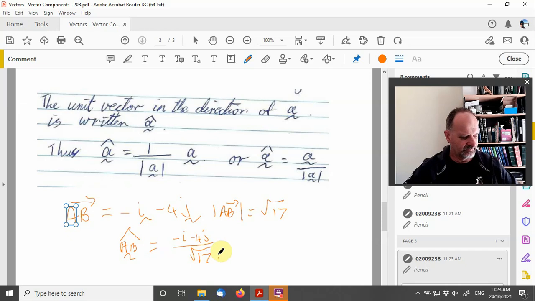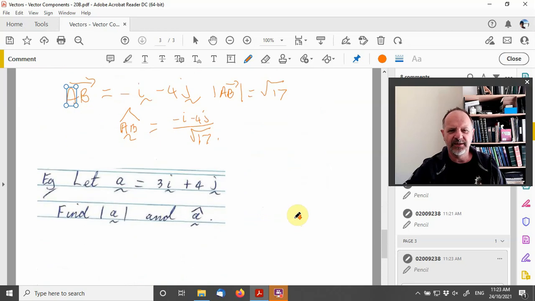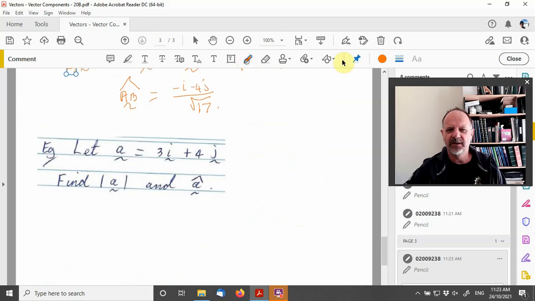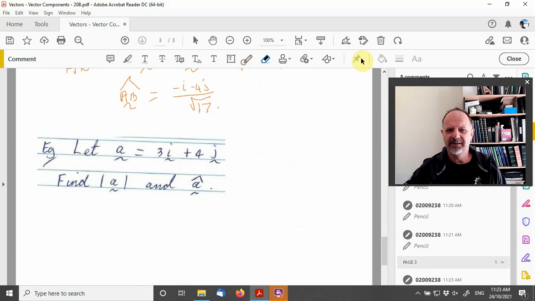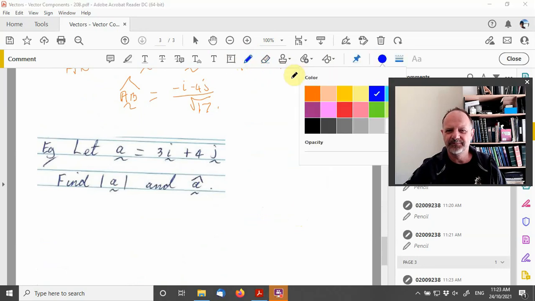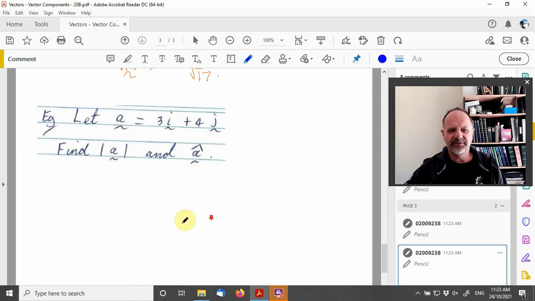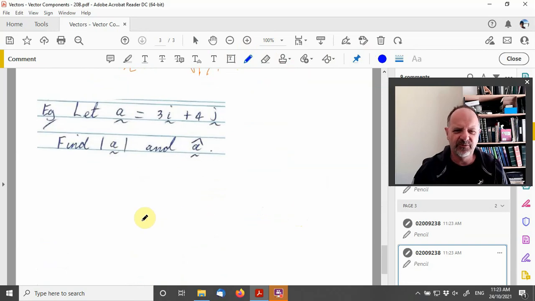Now I have got an example of working one out. So let's have a look. Here's one here. Let me change my colour back to blue. Vector A is 3i plus 4j.